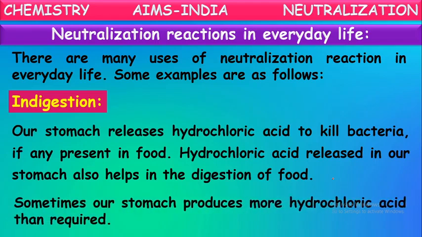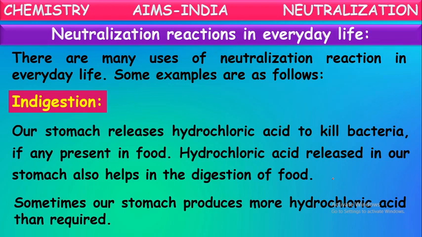Okay. Sometimes our stomach produces more hydrochloric acid than required. Actually, when we take food, a certain amount of hydrochloric acid is produced, which helps in killing bacteria and in the digestion of food.